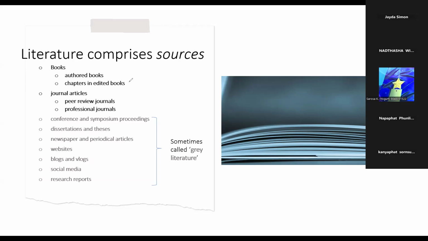In humanities and social science, sometimes they prefer to publish their own research articles in edited books rather than journals. So this is a type of book that you always see from humanities or social scientists.